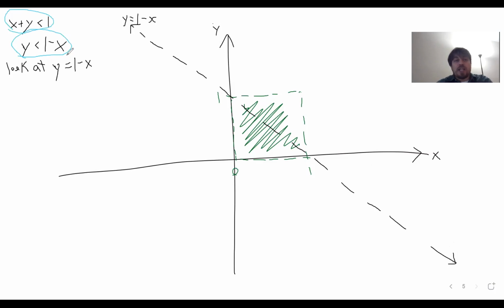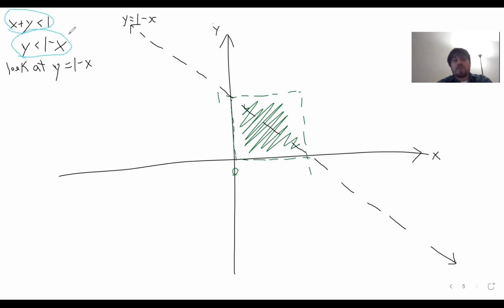For y equals 1 minus x, for a fixed value of x, you want y to be smaller than the y value that would make them equal. And so that means y would have to be below the curve. Anything on the line would make them equal, which would be wrong. And if it's above it, y would then be greater than 1 minus x.